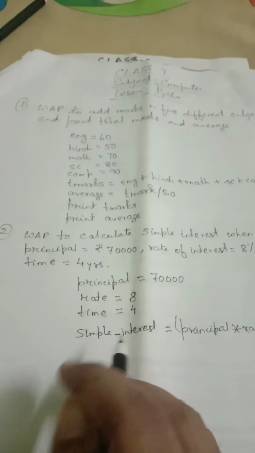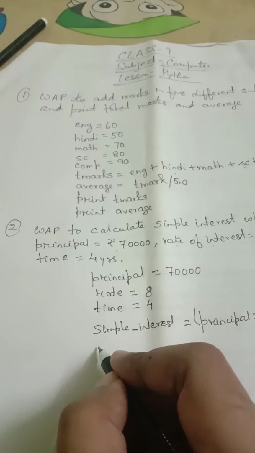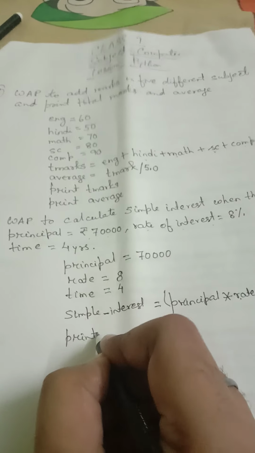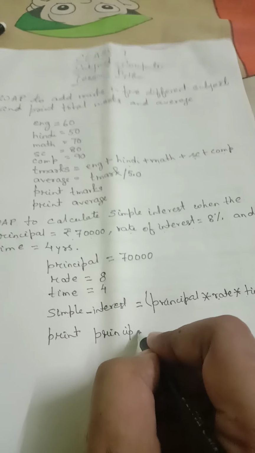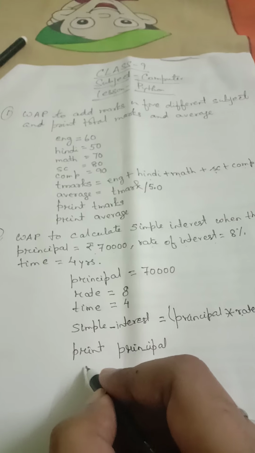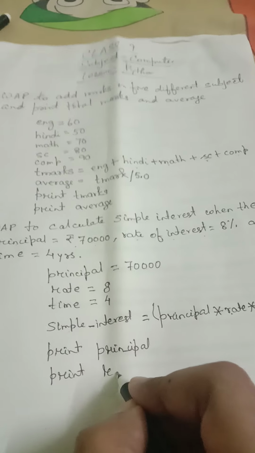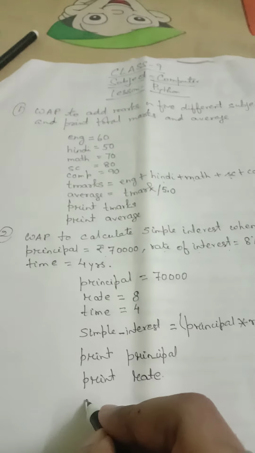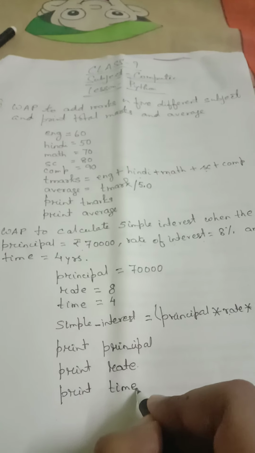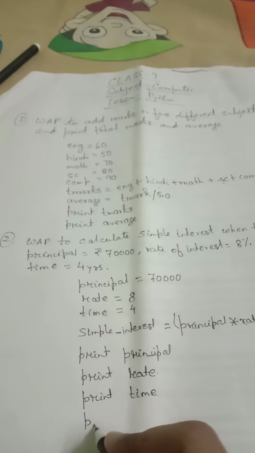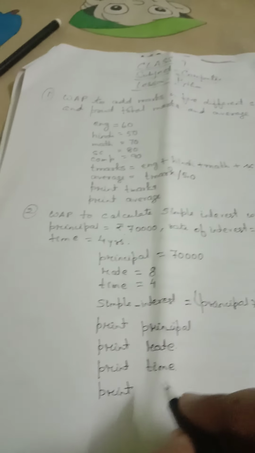Now I can simply print the values. So I have written print principal, print rate, print time, print simple interest.